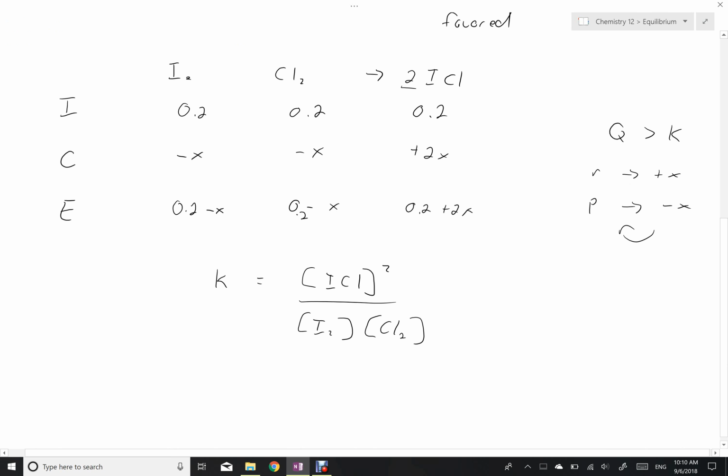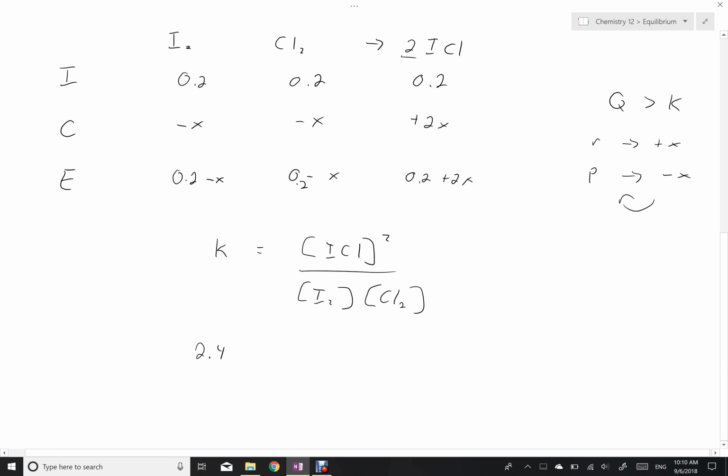So what do I get? 2.4 equals (0.2 plus 2x) squared over (0.2 minus x) times (0.2 minus x).